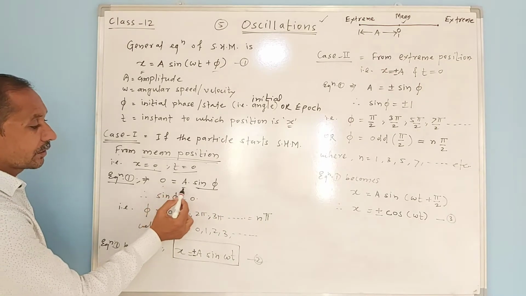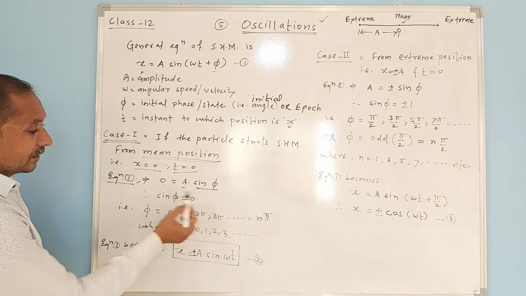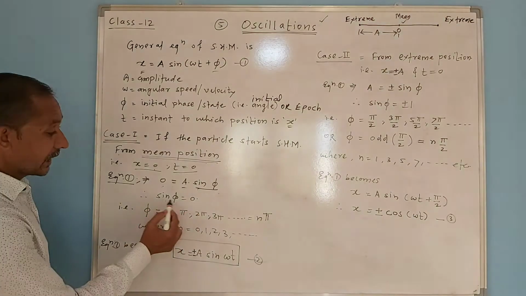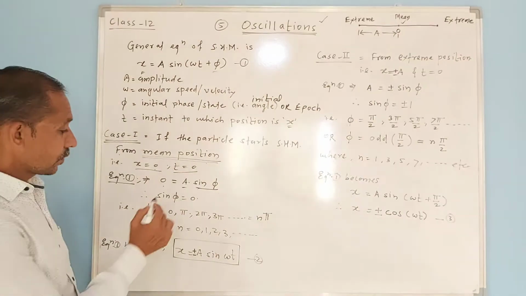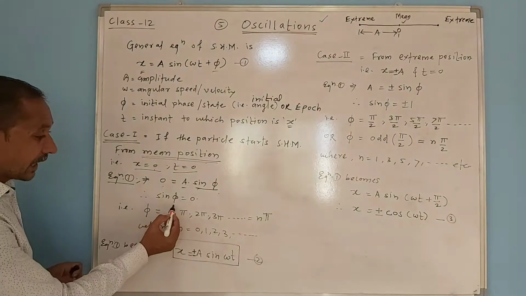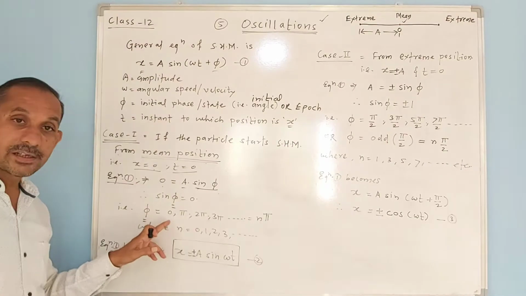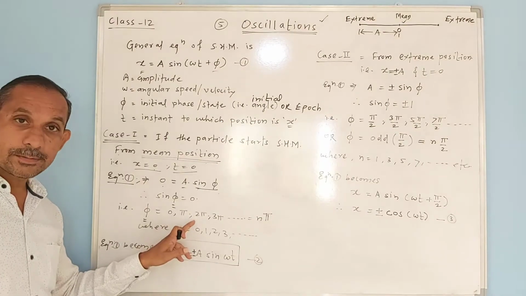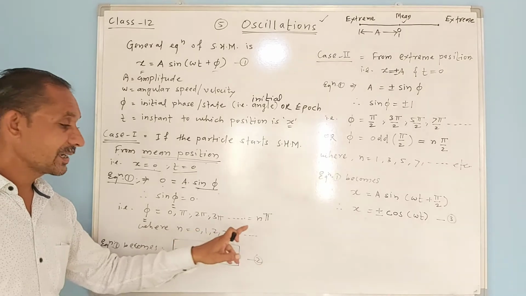So 0 equals A sine phi, hence sine phi is equal to 0. The sine of an angle is 0 when the angle phi is 0, or pi, or twice pi, or 3 pi, etc.